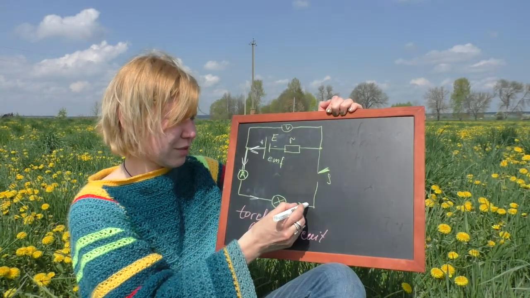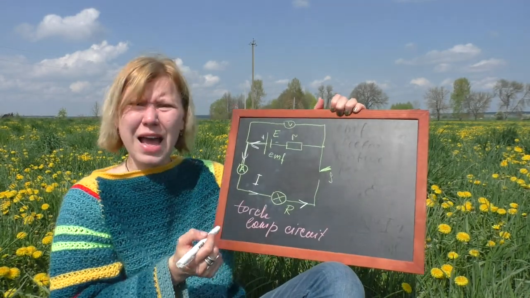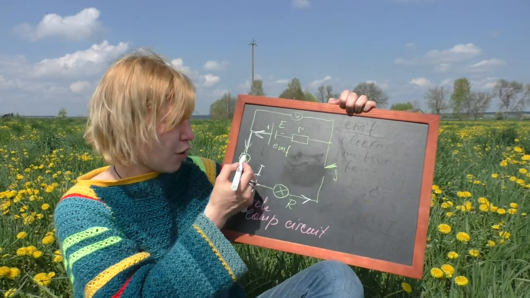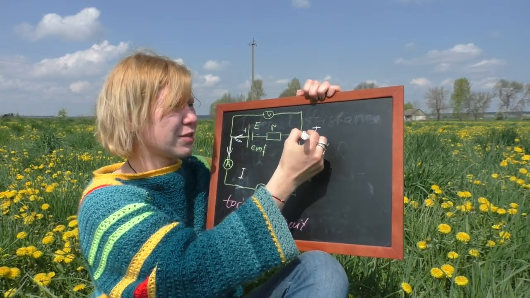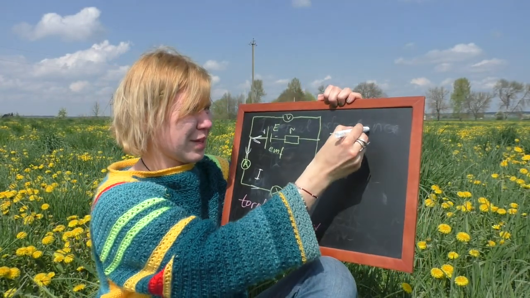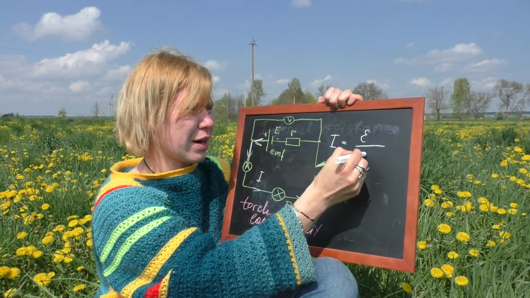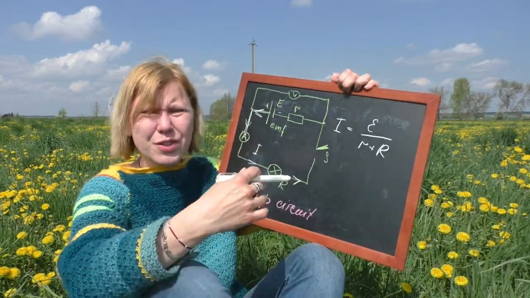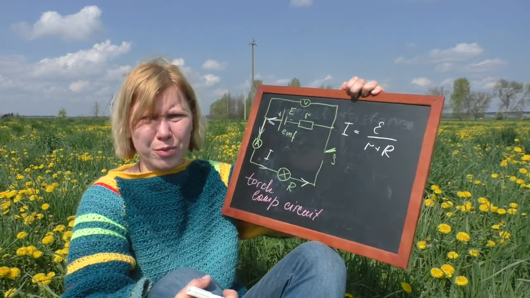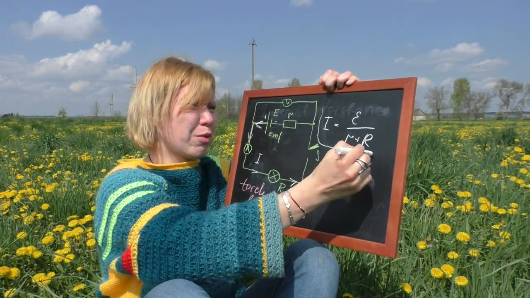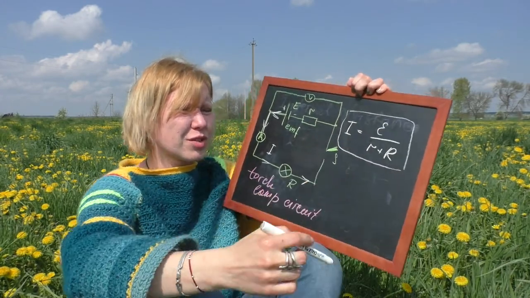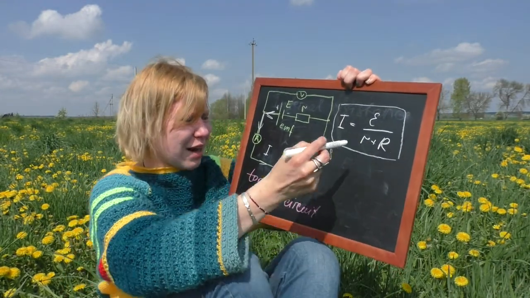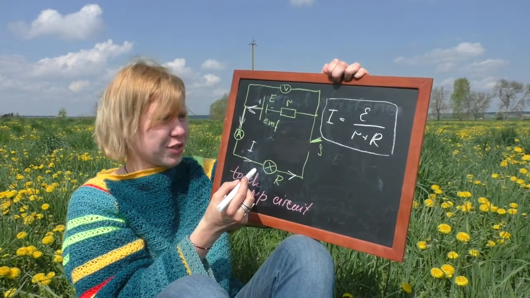So that's the direction of current. And we wanted to know exactly this current. This current will be electromotive force divided by R plus r. Here you can see that it's the same formula, just rearranged. Very popular formula.